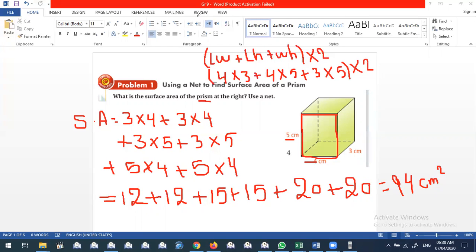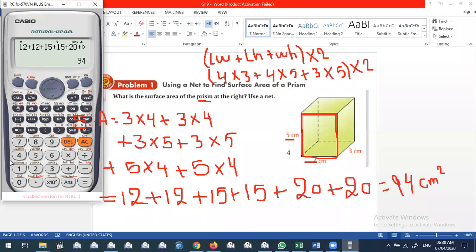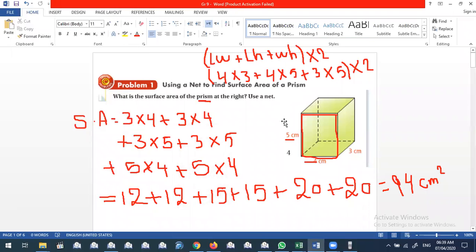Let's check our answer. 4 by 3 is 12, plus 4 by 5 is 20, plus 3 by 5 is 15, times 2. It will be the same answer, 94. So if you have a cube or cuboid like that, you can use this rule if you want.